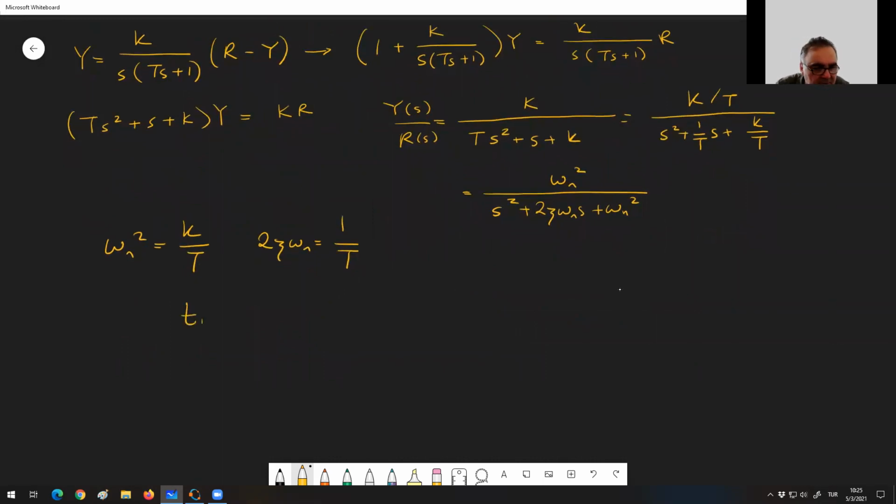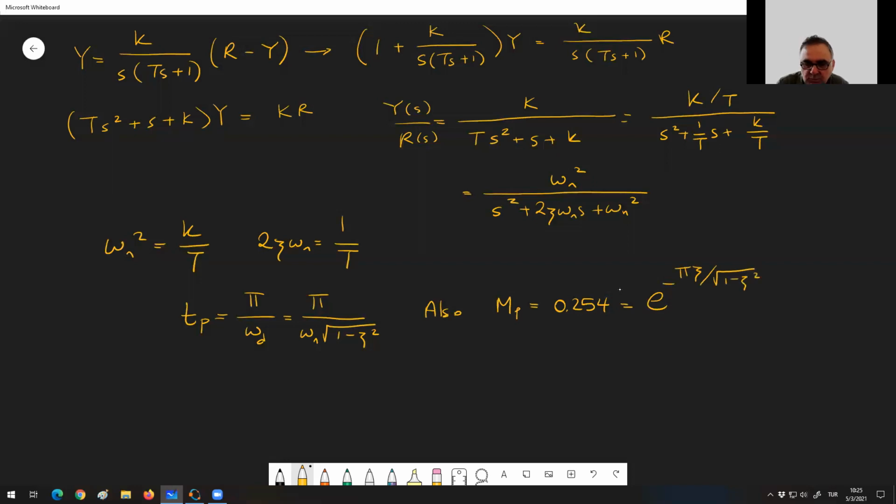We said that the peak time Tp was pi over omega d, which is pi over omega n root 1 minus zeta squared. Also, the maximum overshoot is 0.254, which is e to the minus pi zeta over root 1 minus zeta squared. You take ln's of these.